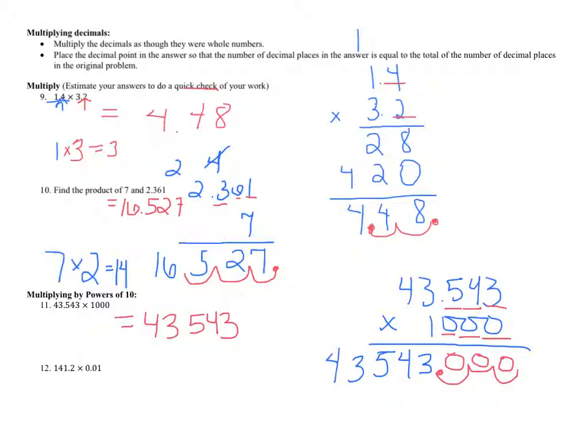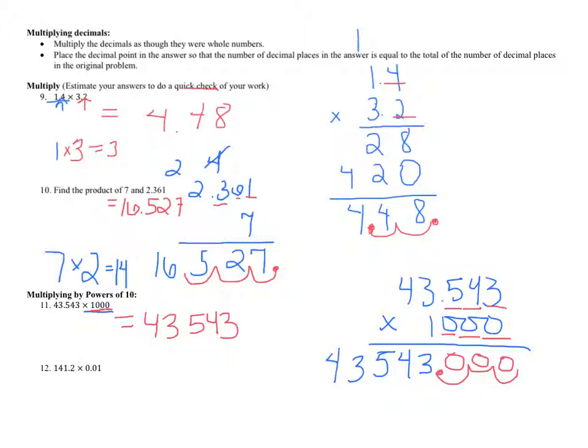A shortcut to this problem would be to recognize that when we multiply by a whole number power of 10, such as 1,000, our number is going to get bigger by the number of decimal places corresponding to the number of zeros in the number we're multiplying by.